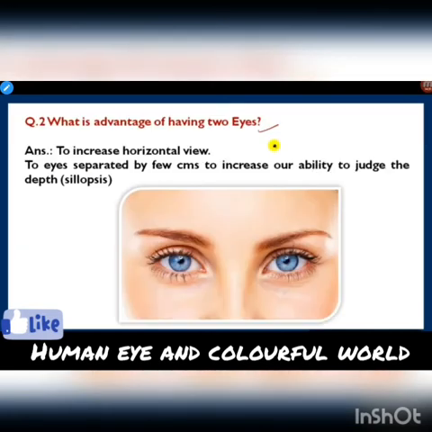Now let us learn certain questions. What are the advantages of having two eyes? The answer is to increase your horizontal view. Two eyes are separated by a few centimeters, so that it increases our ability to judge depth.